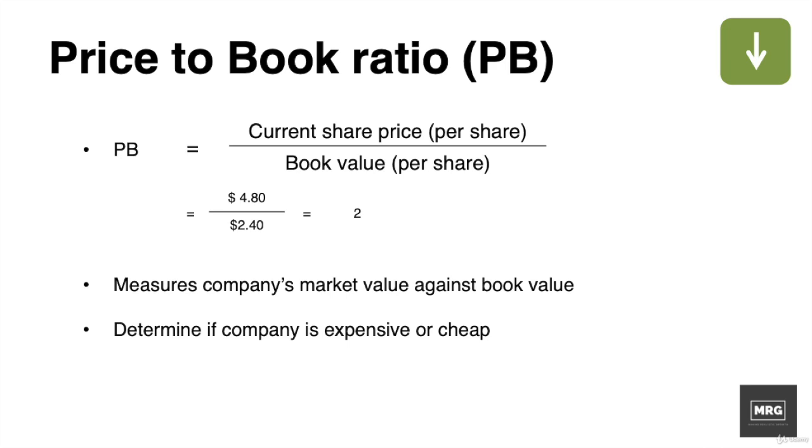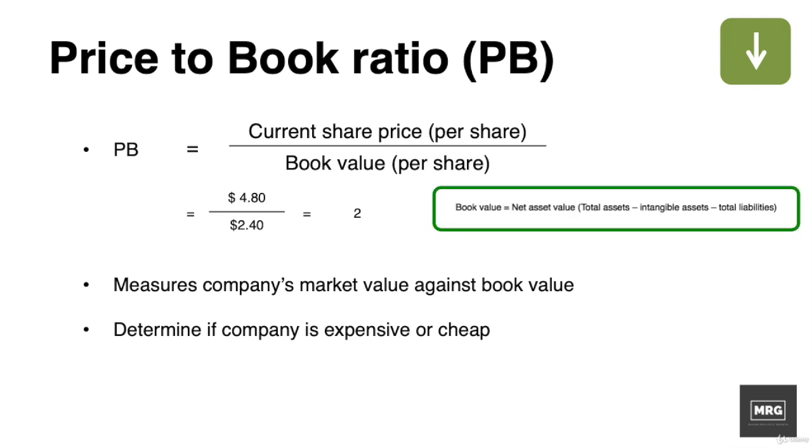Moving on, we look at the price to book ratio or the PB ratio. If we put it into a formula, we are taking the current share price or the stock price divided by the book value per share. To get the book value, which is basically the net asset value, you take the total assets of a company, remove the intangible assets, deduct total liabilities, and you arrive at the net asset value, or what we call the book value.